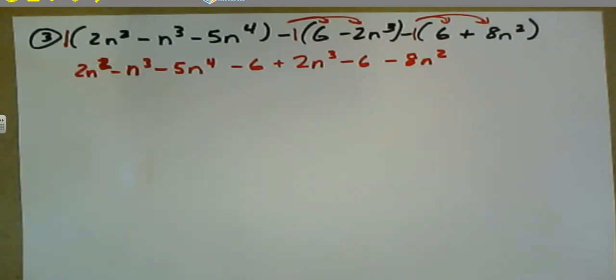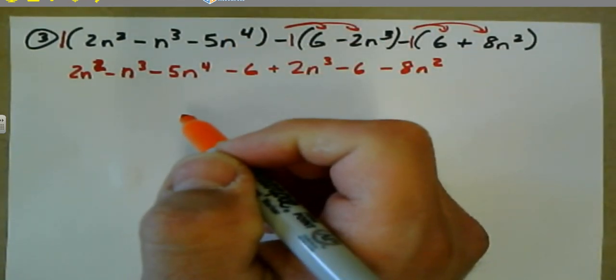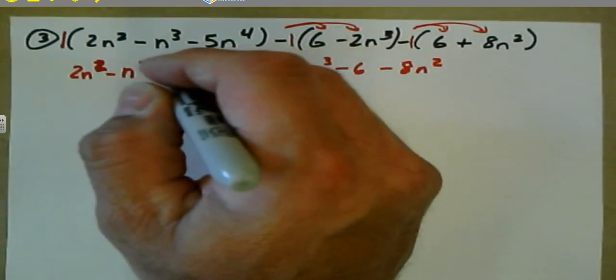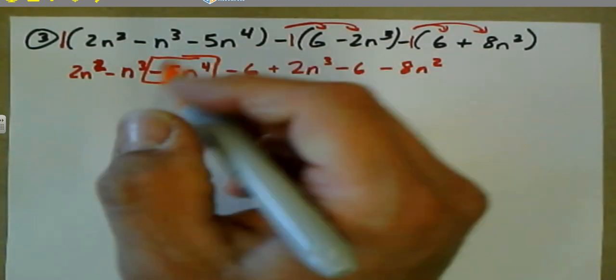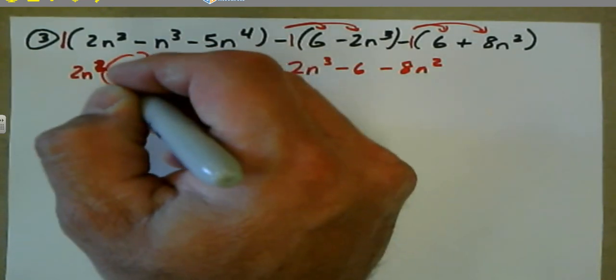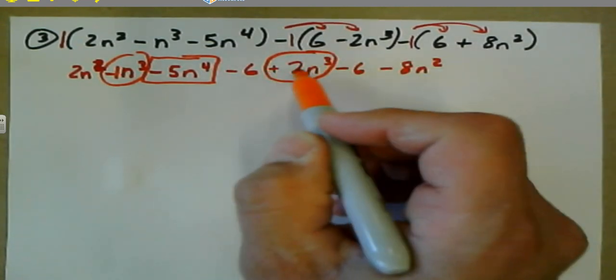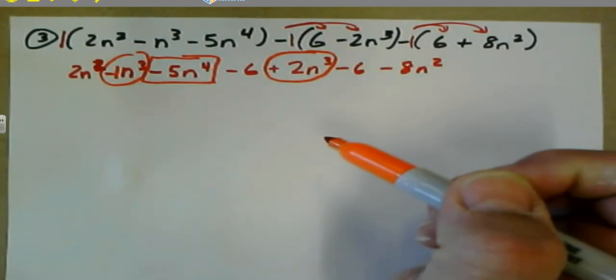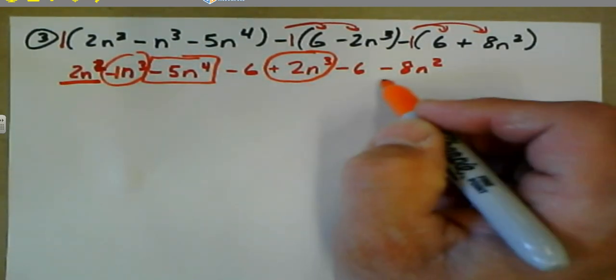This is a lot of stuff here, so we're going to go through this. I'm going to start with the 4. I believe the only 4 is this one. Our 3's, we have a 3 right here. And I can put a 1 in front and a 3 right here. Make sure that you're nice and easy going. Make sure your sign is there. 2's, n to the 2's right there.